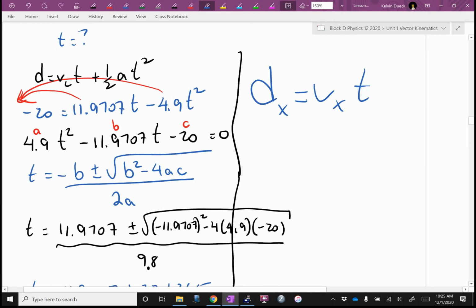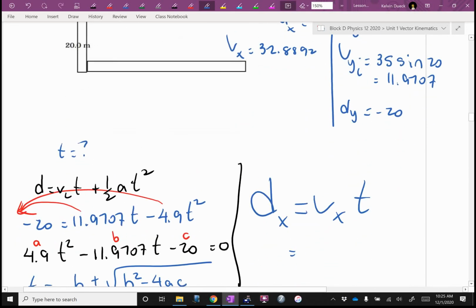technically plus a half AT squared, but why didn't I bother writing plus a half AT squared horizontally? What's my acceleration? Oh. What was Vx? I've scrolled down. 32.8892.